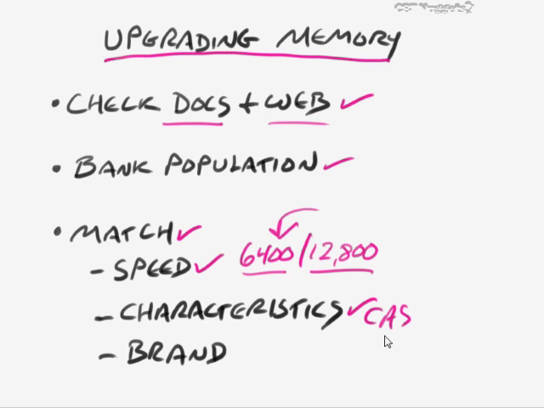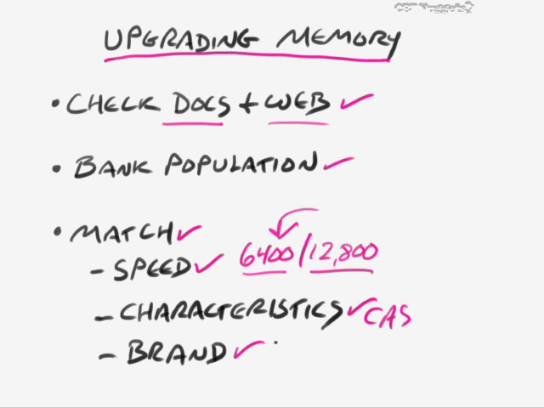So you have to be a little bit careful to consider all aspects of this as you go through. And then what I prefer to do is to also match the brand. I mean, if I'm upgrading my existing memory, and I've got Corsair memory in there right now, I really prefer to get a couple more sticks of Corsair memory, preferably the exact same make and model of that same memory.